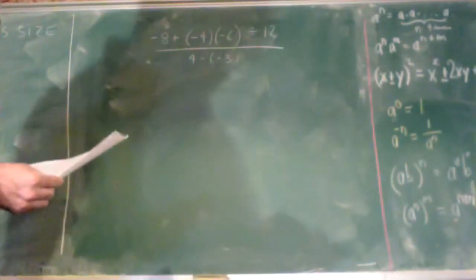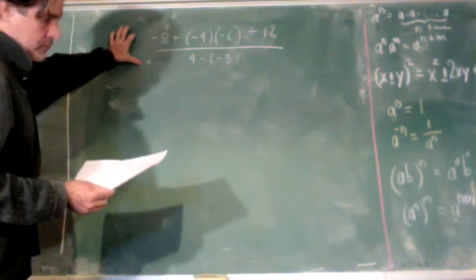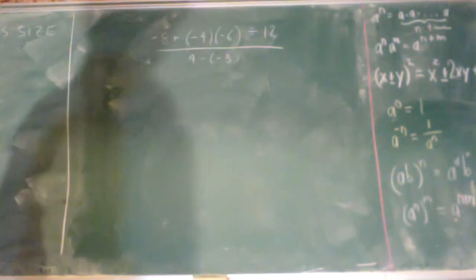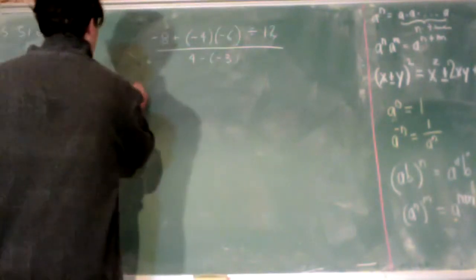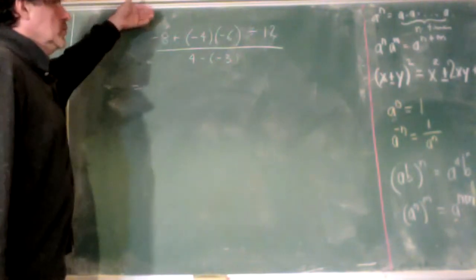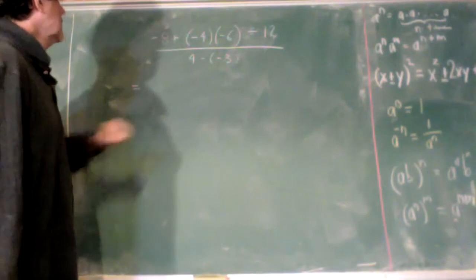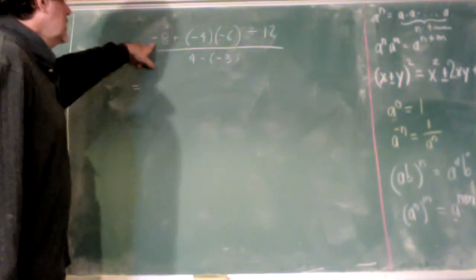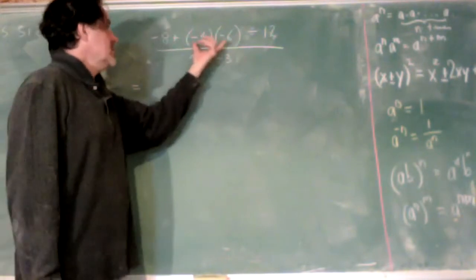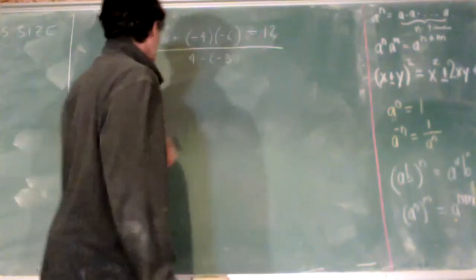Problem 13 asks us to evaluate the expression that I've written here. This is another application of PEMDAS, a certain extended version of PEMDAS. We just have to remember to work with the numerator and denominator of the fractions separately. Looking at the numerator, we have -8 plus -4 times -6 divided by 12.